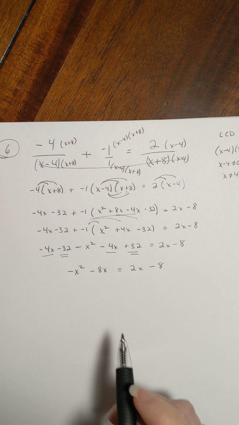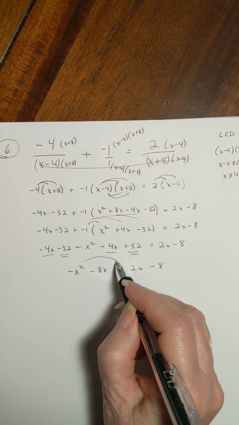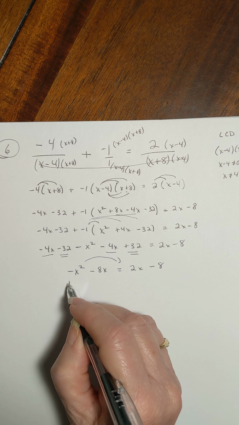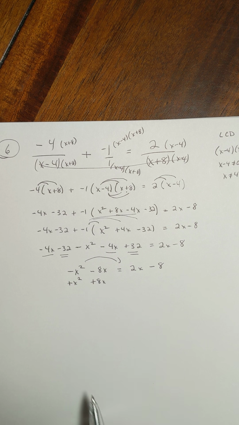All right. So I'm going to try and make my x squared positive. So I'm going to bring it over to this side. So I'll add x squared and I'll add 8x. Because it has an x squared, I will have to factor this one. This is the first one that I have to factor.